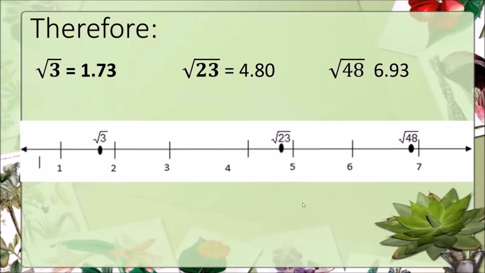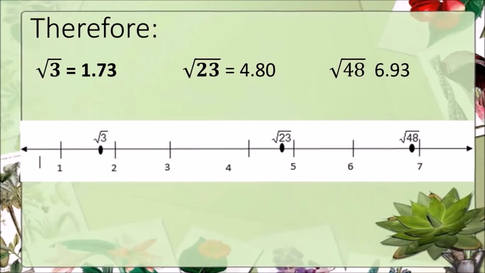So, this is how to graph and how to illustrate the radical or the square root in a number line by finding the estimate value of the square root of a number.